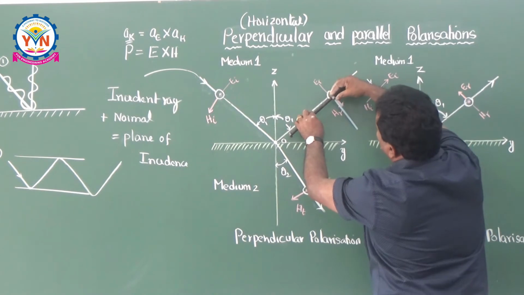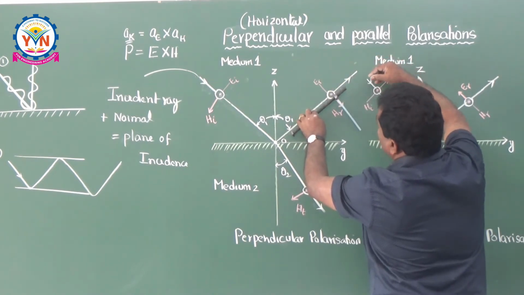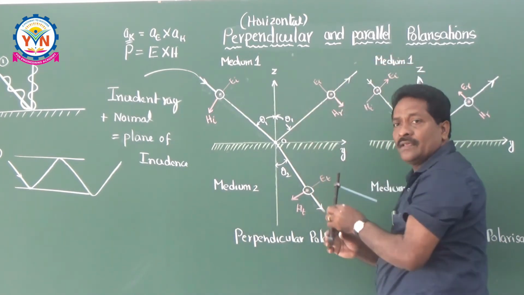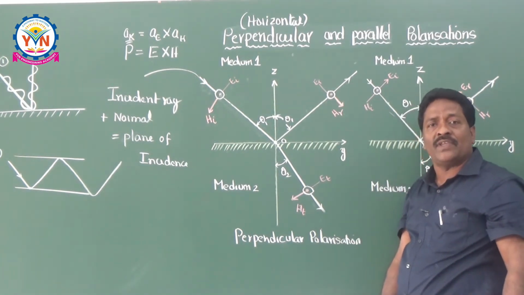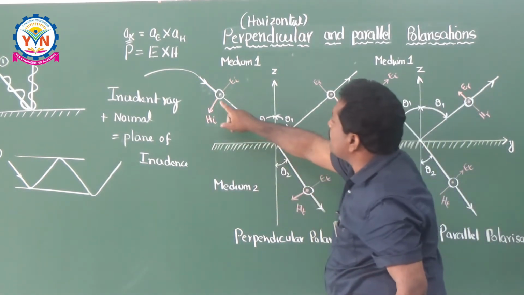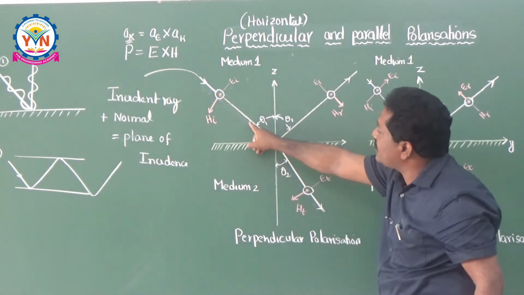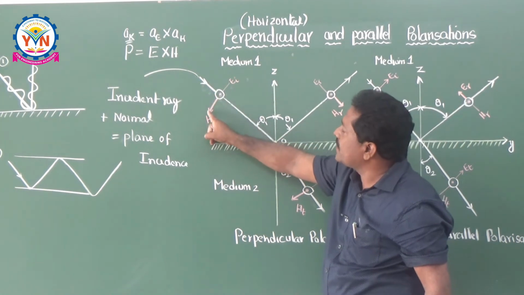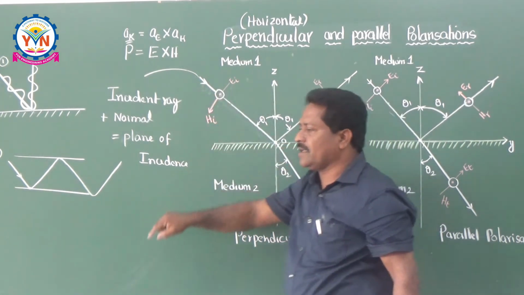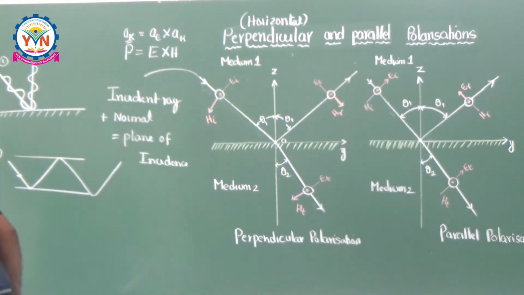That means the wave is going in this direction. So always remember, my dear friends, E cross H will give you the direction of the wave. So you can understand it very clearly. Whenever the wave is coming here, this is the electric field vector and this is HI. HI will give you the direction of this.